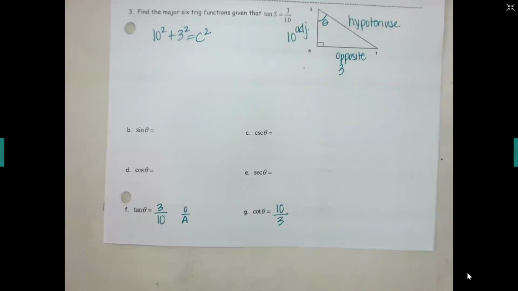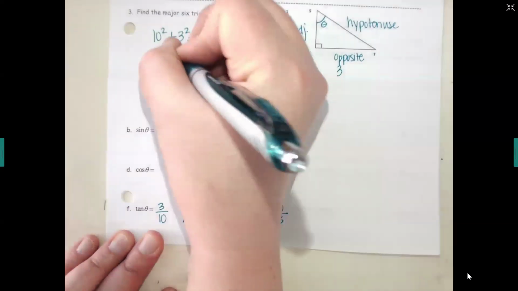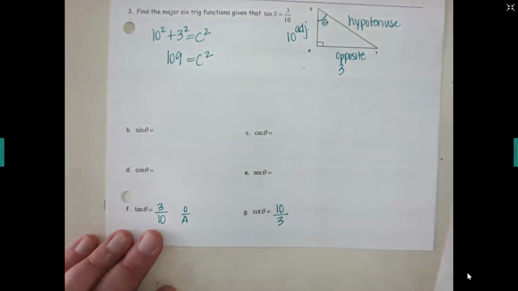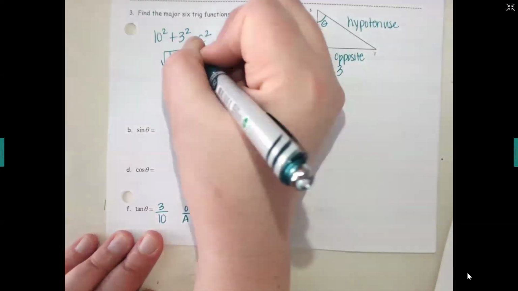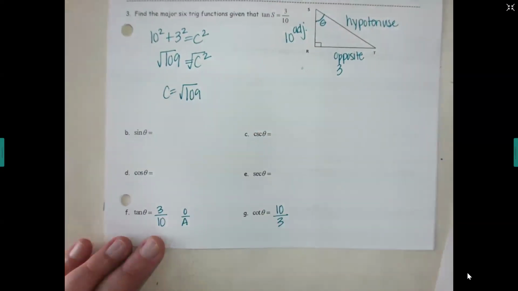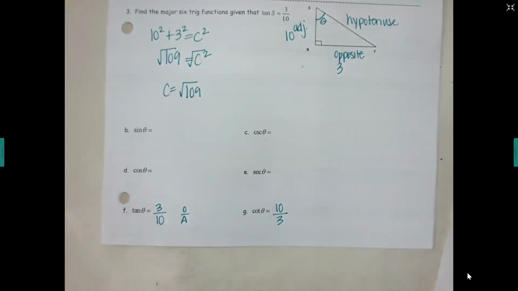In your calculator, we want 10 squared plus 3 squared. 109 is correct. And then 109 is c squared. That means we need to take the square root, which means root 109 is going to be our missing side.